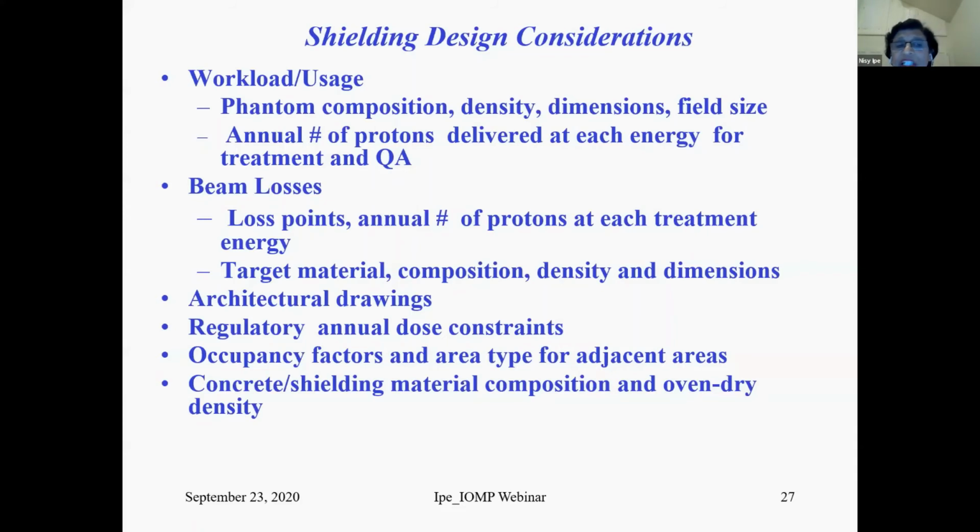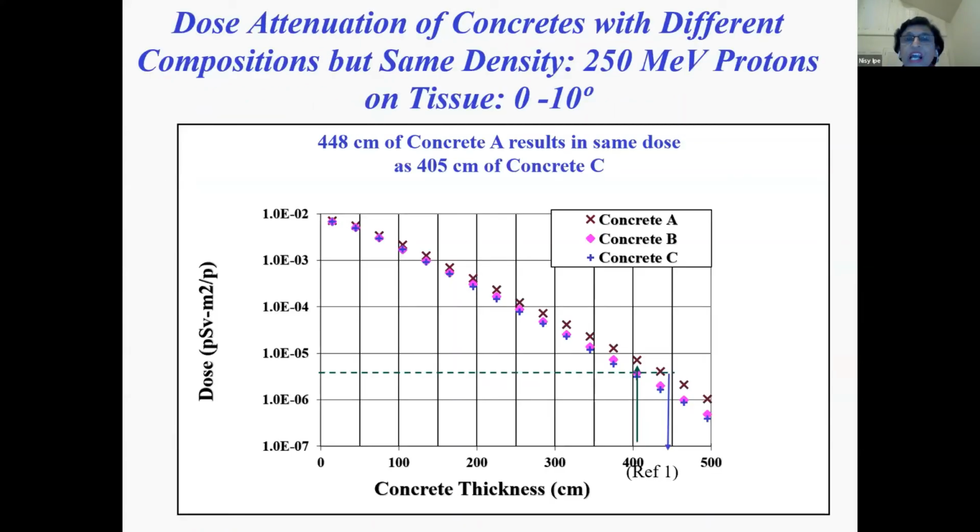Then the user needs to provide occupancy factors and area type for adjacent areas. Are these adjacent areas controlled or non-controlled? And finally, we need the concrete, the shielding material, the composition, and the oven dry density. So here I show you the dose attenuation of 3 different concretes.